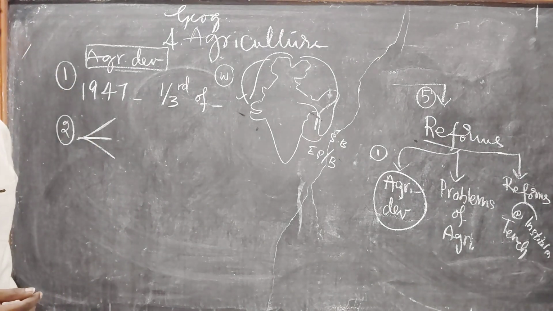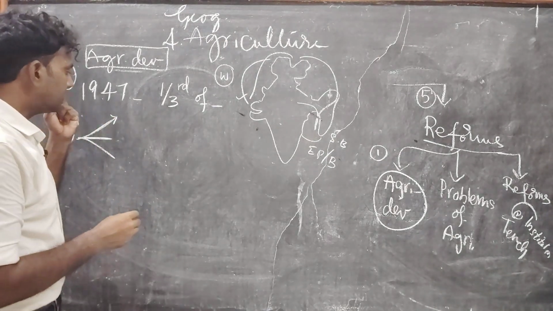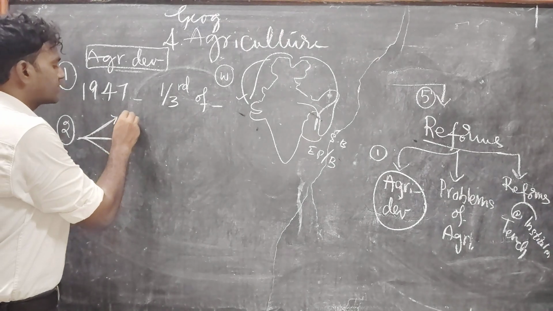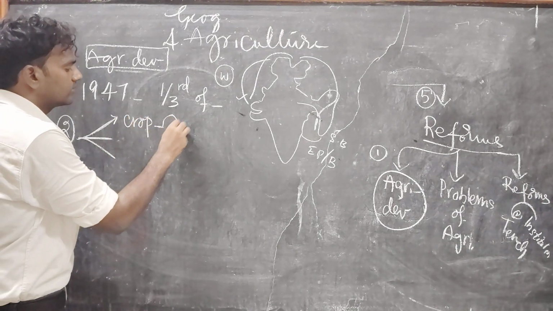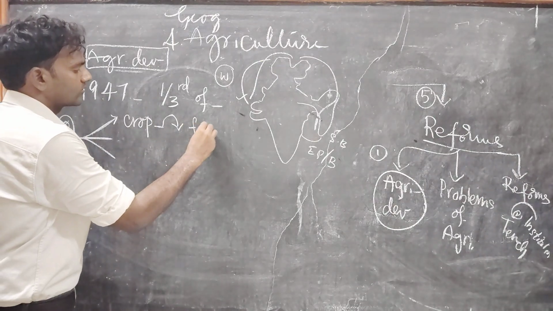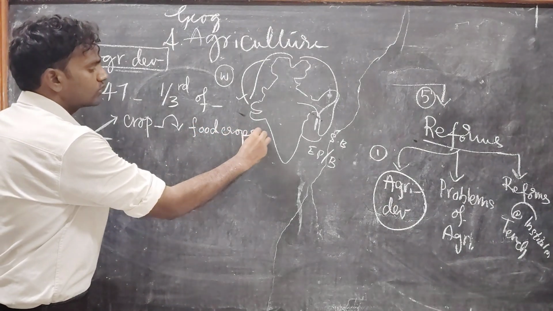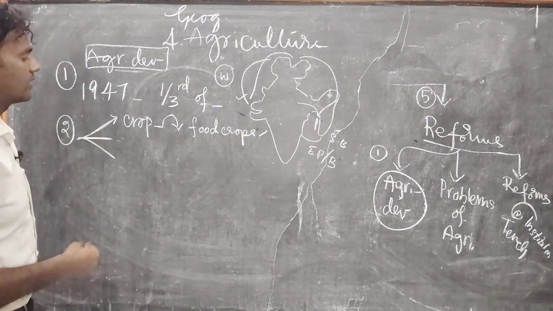So what happened? Immediately in India, all commercial cropping land was converted into food crop growing lands, because we need to satisfy the hunger of the population of India.